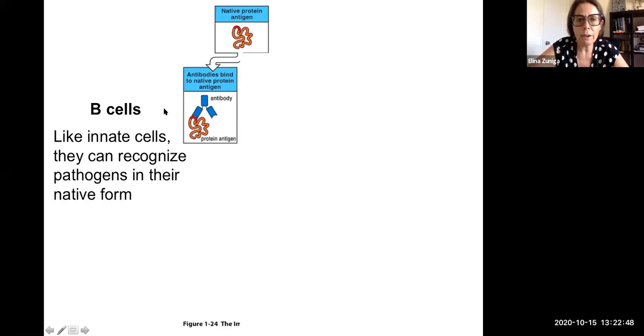And we already learned that in contrast to T cells, the B cells, and like innate cells, they recognize the pathogens in their native form. So they don't need the antigens to be processed into peptides. They recognize the antigens in their native form.